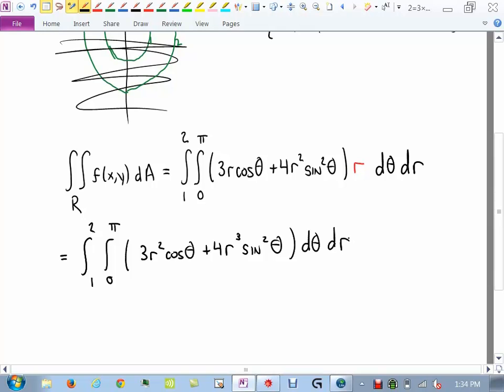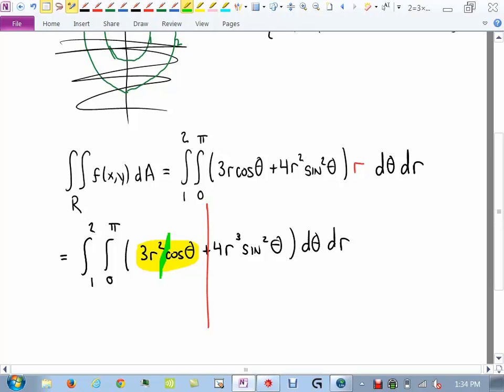Another way you could do it, I don't know if anyone recognizes this: this is like two completely different integrals, because there's a plus sign between them. If I look just at this first one, my two variables are r and theta, aren't they? Aren't my r's and thetas completely separated from each other with multiplication between them?